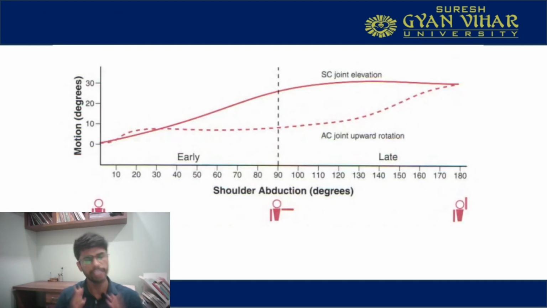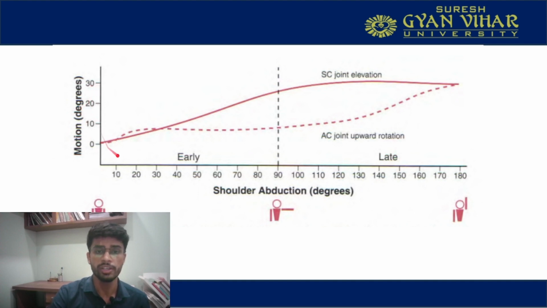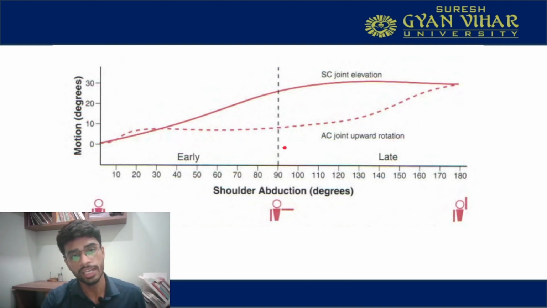This we can understand by this graph also. So what is this graph depicting? This is depicting the shoulder abduction degrees and the motion of the joints. This is the shoulder abduction range and this is the motion of the scapulothoracic range. Now as you can see, this is the early phase, and in this early phase most of the movement is occurring in the ST joint elevation, and there is less movement, around 10 degrees, at the AC joint upward rotation.